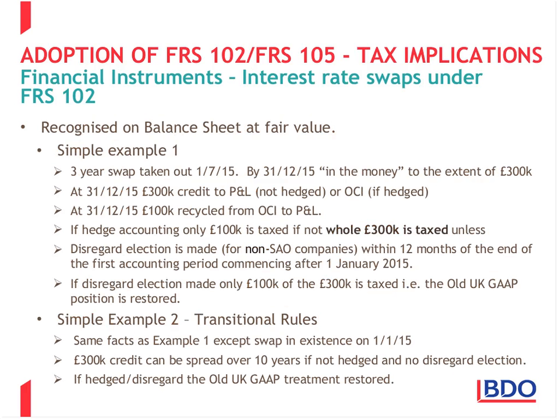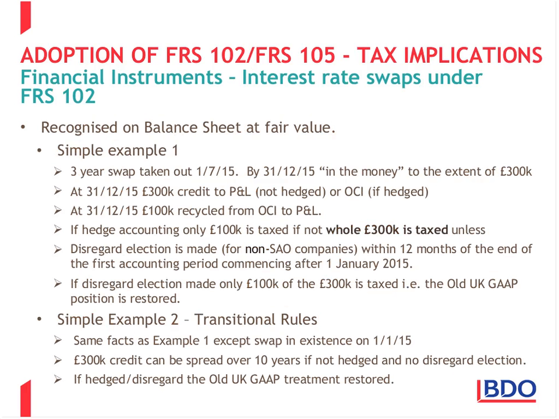Again, best illustrated by an example. Let us assume that we have a 3-year swap taken out on the 1st of July 2015. By the 31st of December 2015, this swap is in the money to the extent of £300,000. If nothing is done, that credit is taken to the profit and loss account and taxed there.